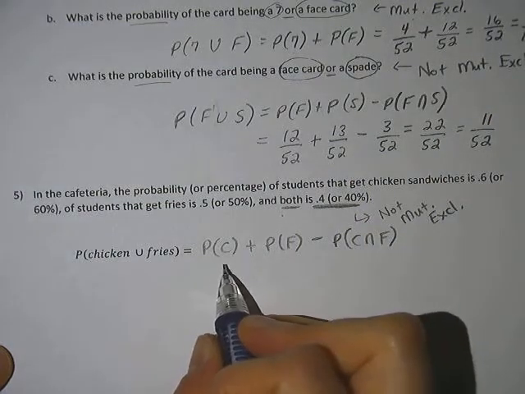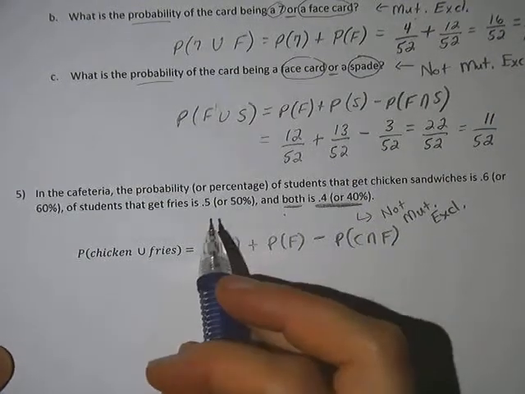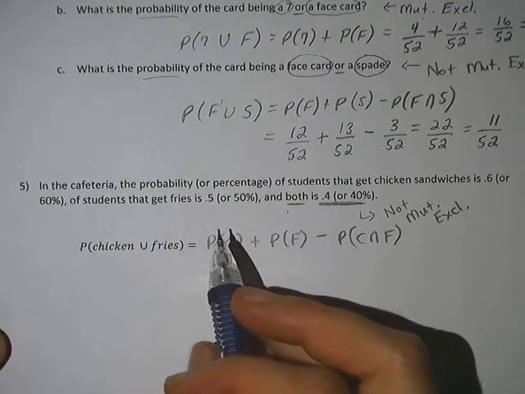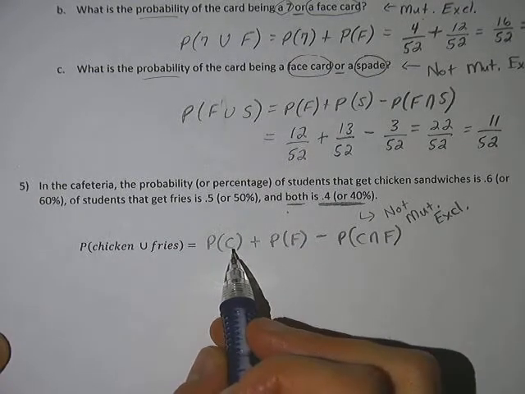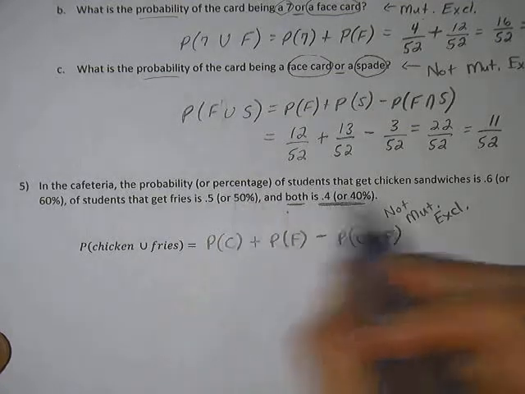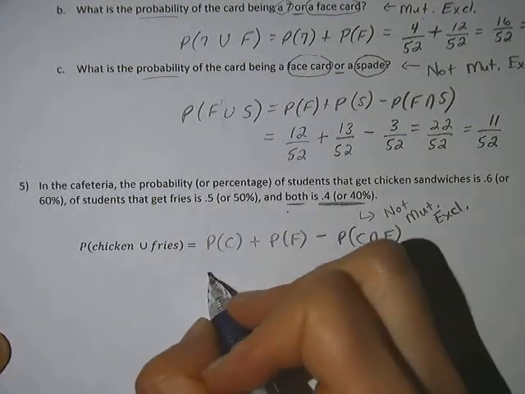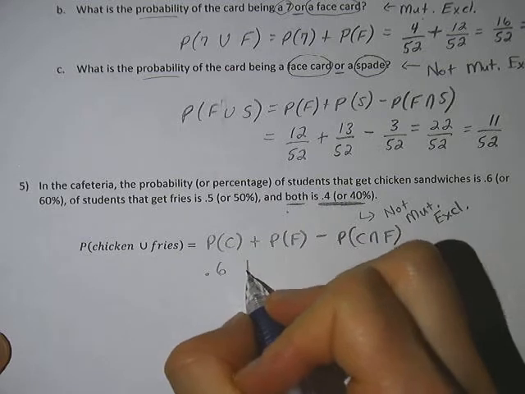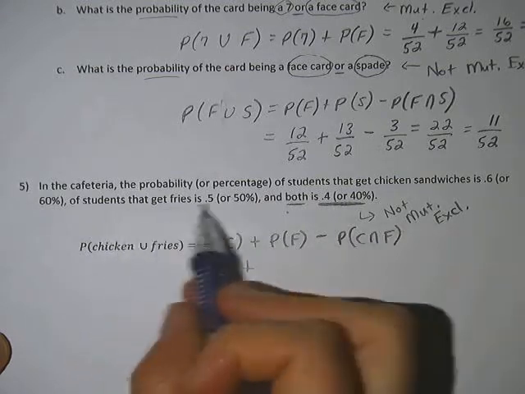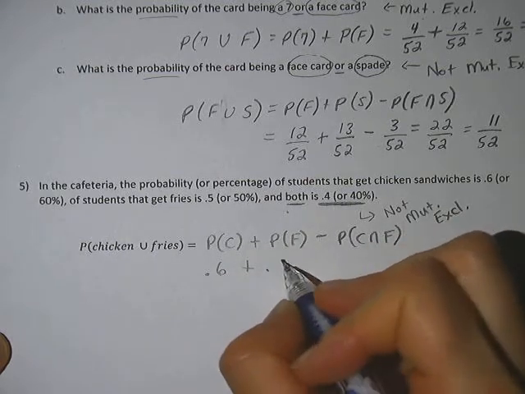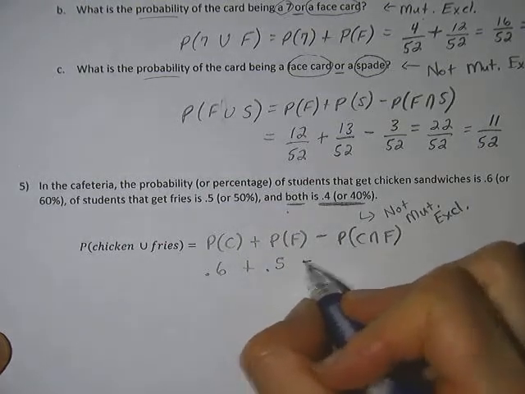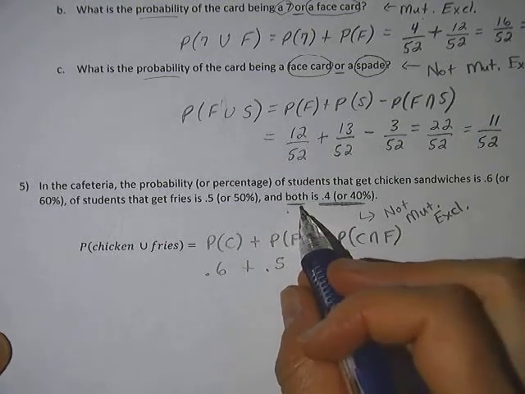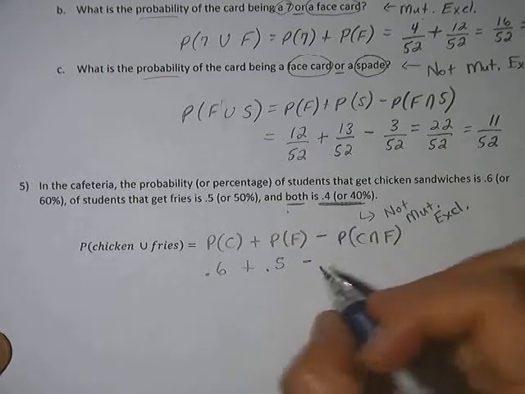And so the reason why this one's a little easier is because we don't really have to do much calculating. They've done all the work for us. So the probability of a student getting a chicken sandwich, well, the percentage of students that got a chicken sandwich was 0.6, so that's what goes here. Plus the probability of the student getting fries, well, they told us 50% or 0.5 get fries. And then the percentage or the probability of a student getting both is 0.4.